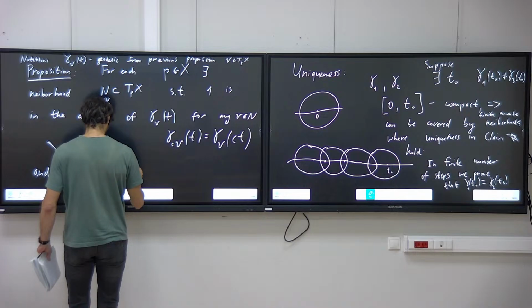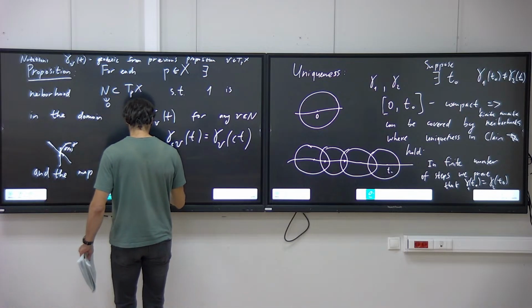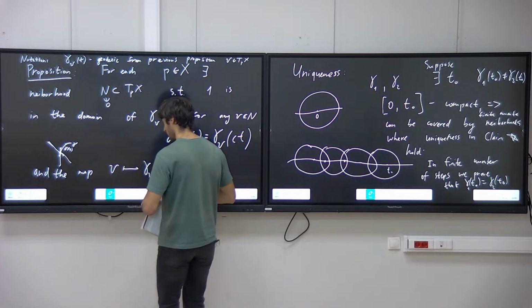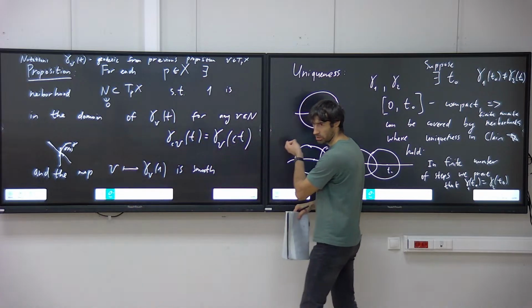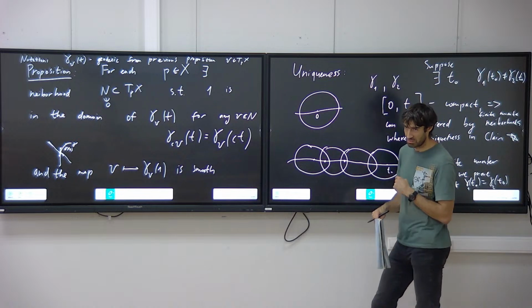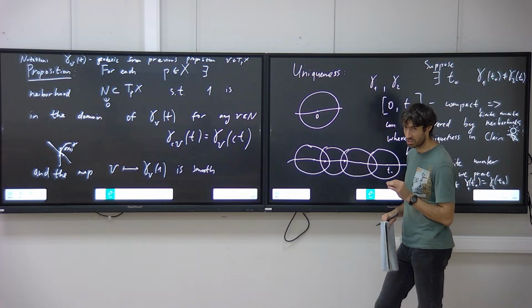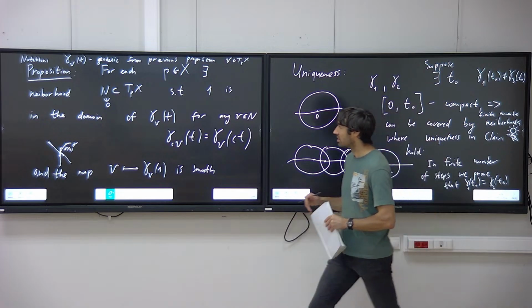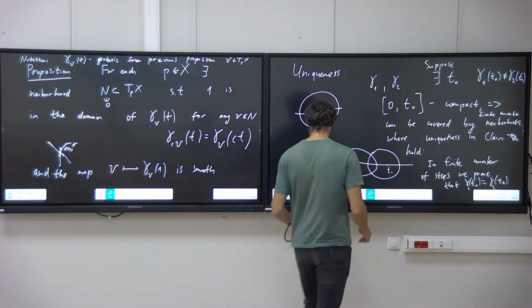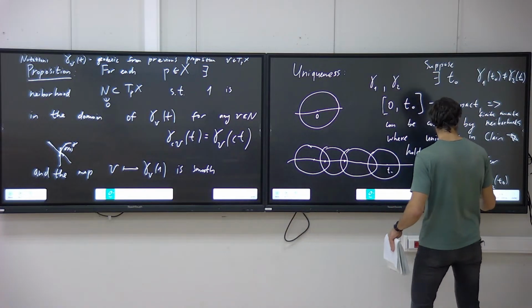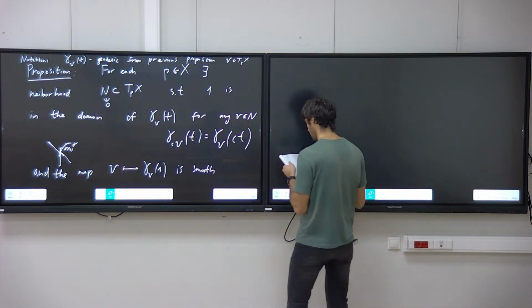I also need to make N small enough so it belongs to the neighborhood from the claim. So smoothness of initial conditions, I will need that here. Okay, so this is my proposition, and we'll prove it next time, but what I need from it is this map.